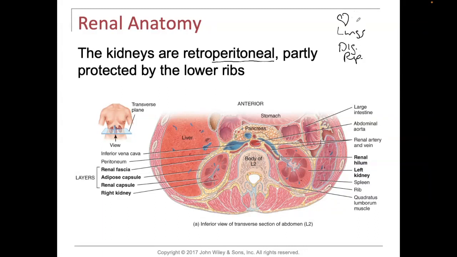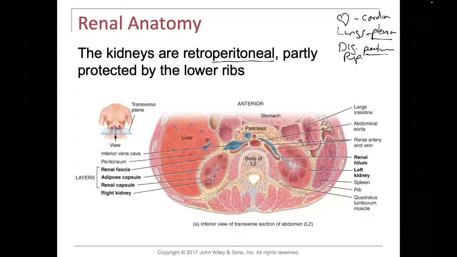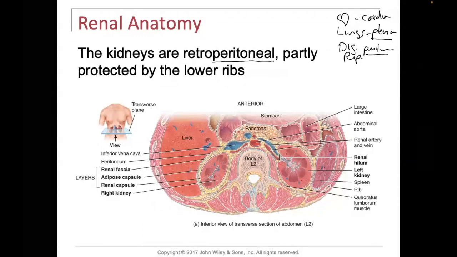So we had the pleura here, and we had the cardia here, like pericardium, epicardium, or visceral and parietal pleura. Here we have the peritoneum. So we have the visceral and parietal peritoneum. There's a visceral and parietal pleura. There's a visceral and parietal pericardium.